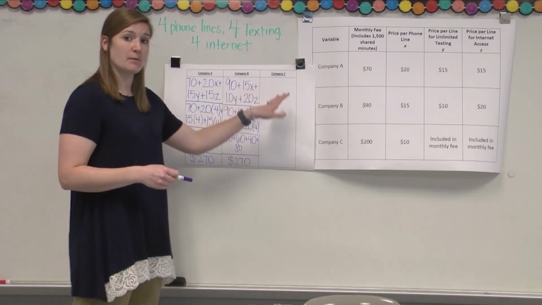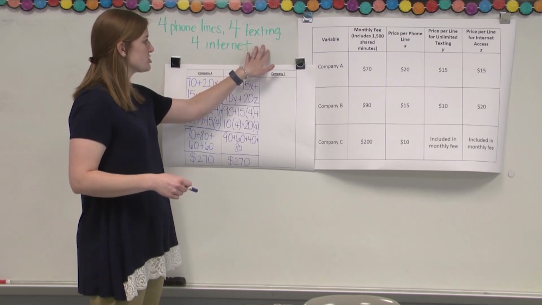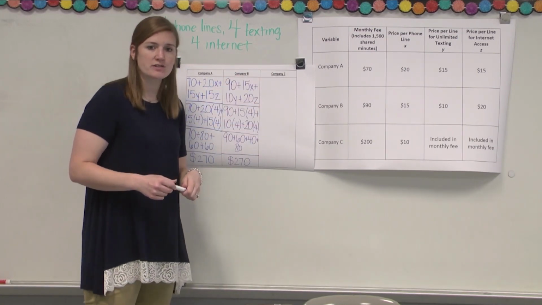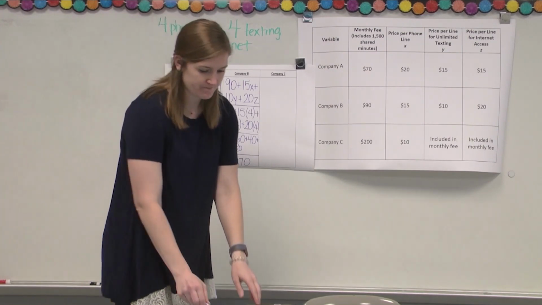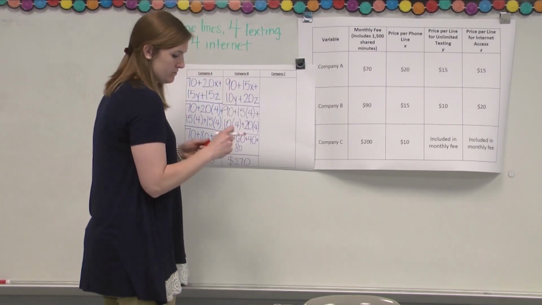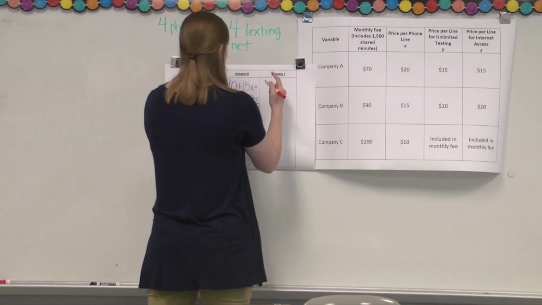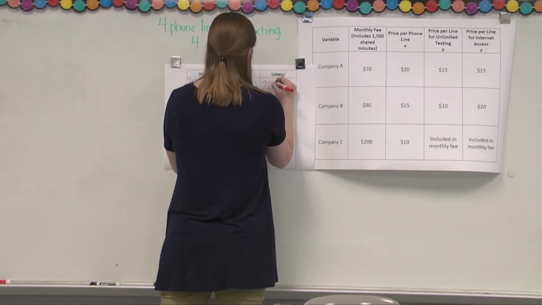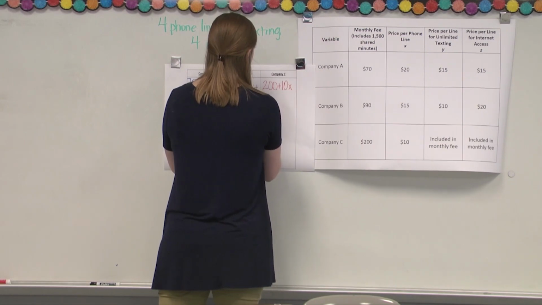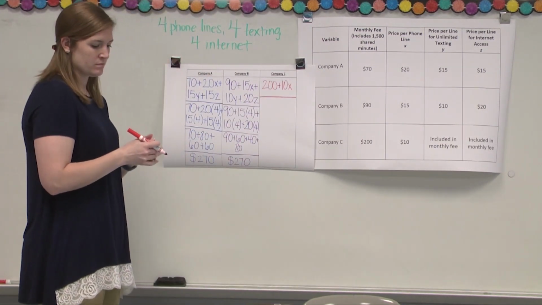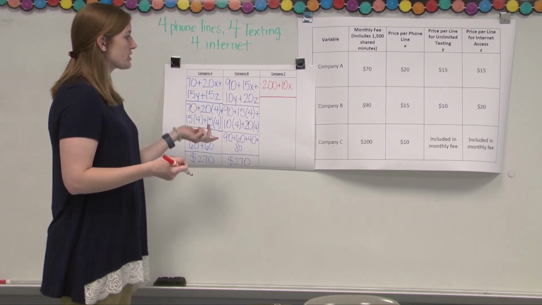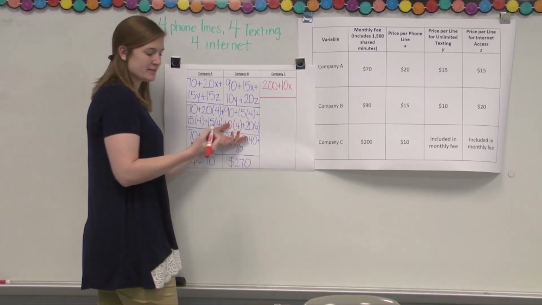Last one here is company C. We need to figure out from this situation what company C is going to charge us. I'll pause while you figure that out. While you're working, I'll go ahead and write the expression. So we are going to do 200 plus 10x in this case.